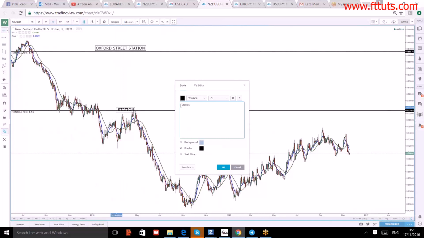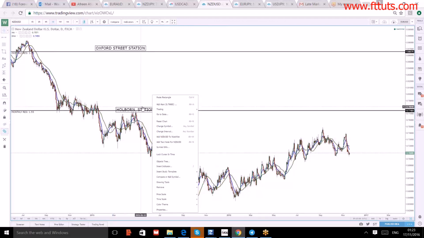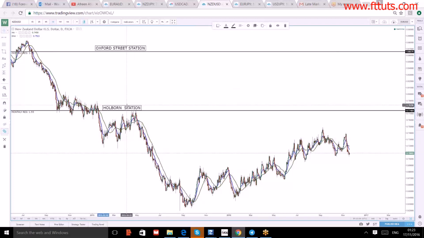We call it LSE, guys. Holborn Station. Does everybody understand so far? So this horizontal resistance is Oxford Street Station, and this horizontal support is Holborn Station, guys.